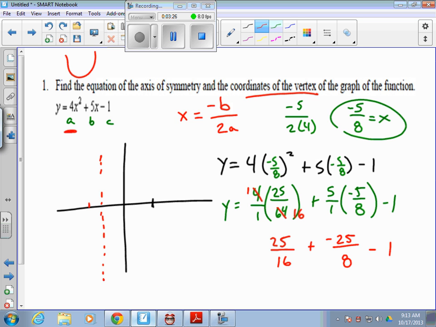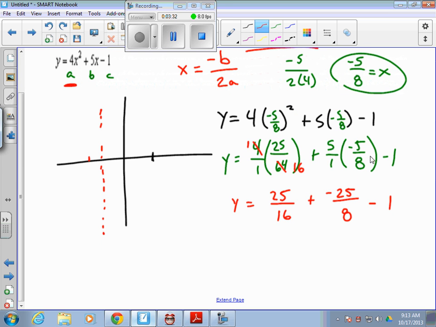Again, we're still dealing with fractions, which most of us don't like to deal with. But we do have 16 and 8, which is somewhat helpful since we can use the common denominator 16 for both of them. This first one we'll leave alone because it's staying 16. This second one we have to multiply 8 times 2 to get 16, so multiply negative 25 by 2 to get negative 50.